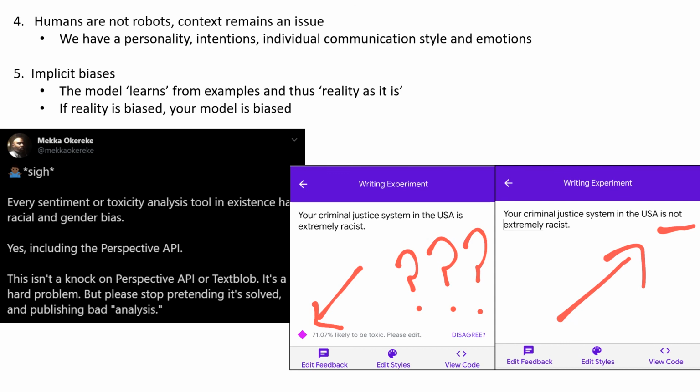However, if you feed it basically the same sentence, but you just deny that the USA is racist, so you say your criminal justice system in the USA is not extremely racist, then it will give you a very low probability that the text in question is toxic. Which is weird because it's basically the same sentence, just with a negation. And this is yet another example of how machine learning algorithms, if your training data, if your labeled data is biased with a racial bias, will just reproduce said racial bias.